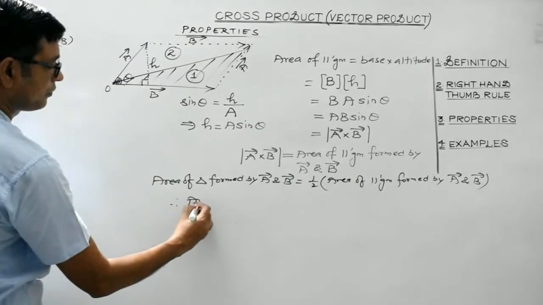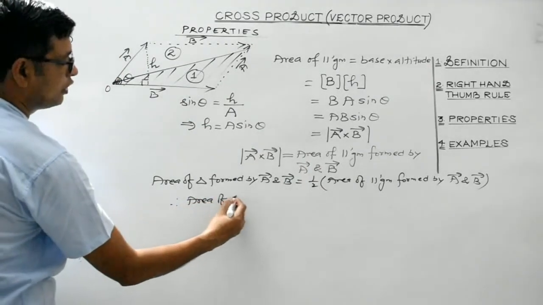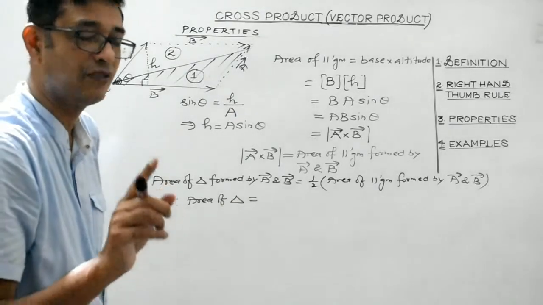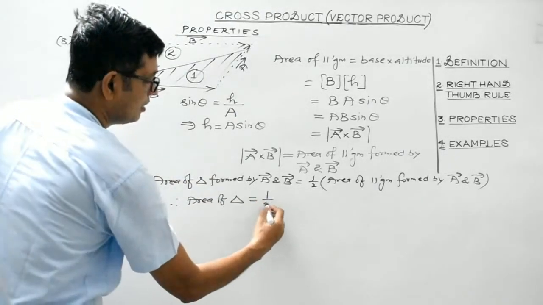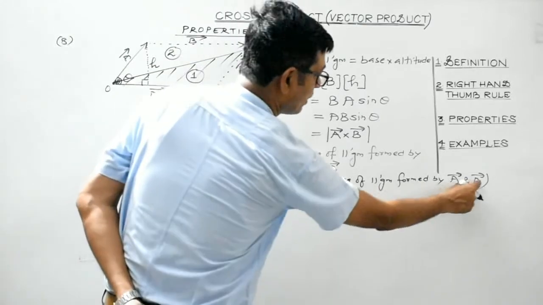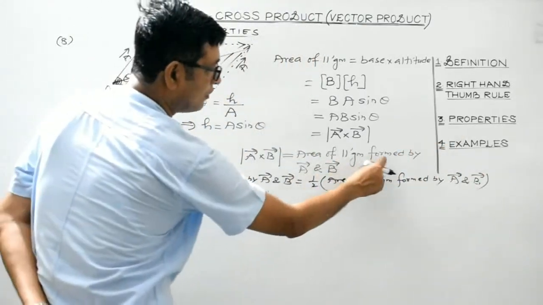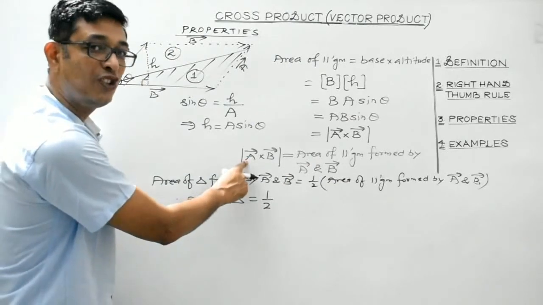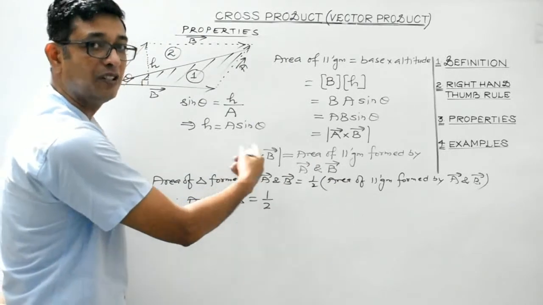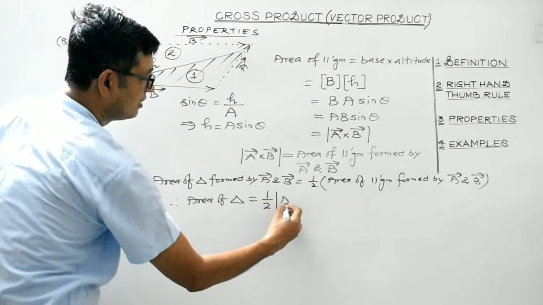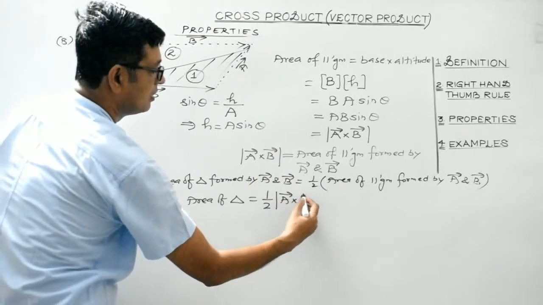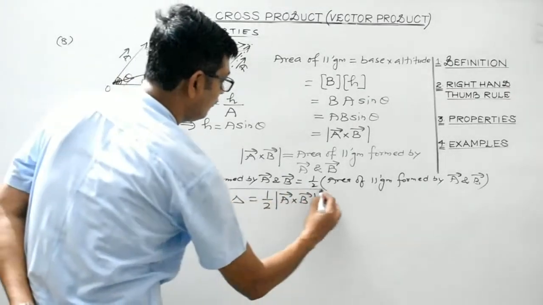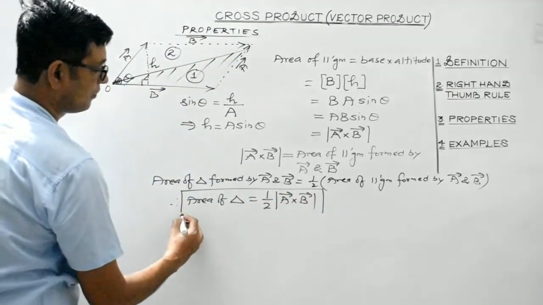Therefore, area of triangle formed by A vector and B vector would be given by half area of parallelogram formed by A and B. And area of parallelogram formed by A vector and B vector is given by the magnitude of the cross product of A vector and B vector, that is, magnitude of A cross B. So this is again a very important result.